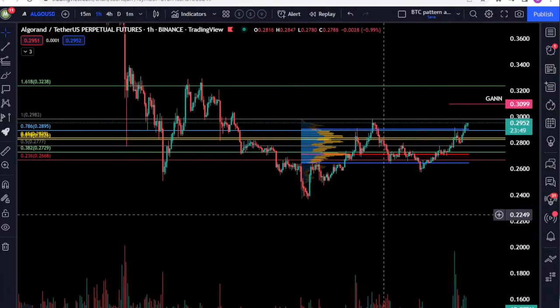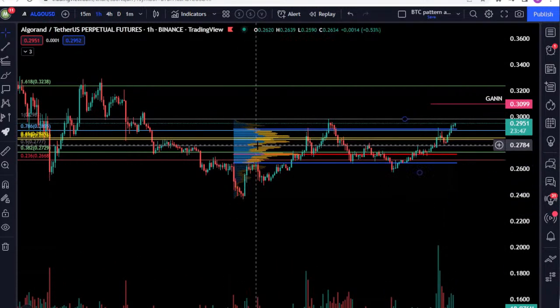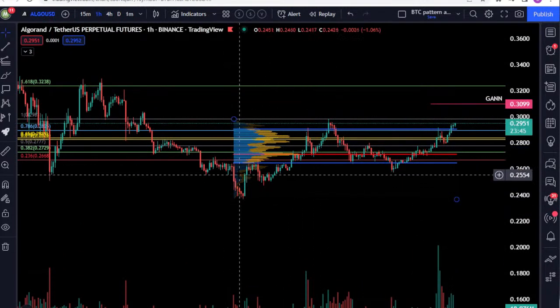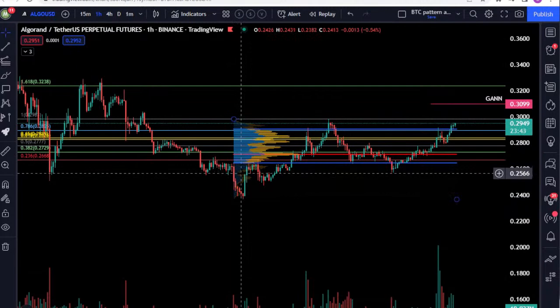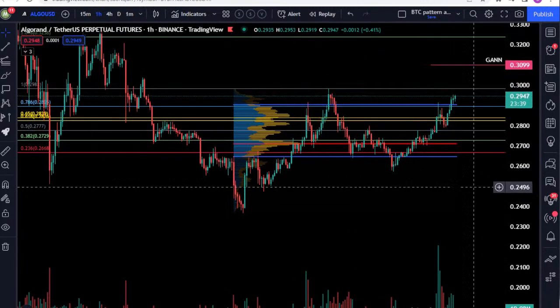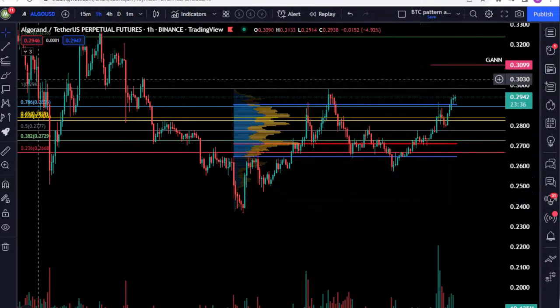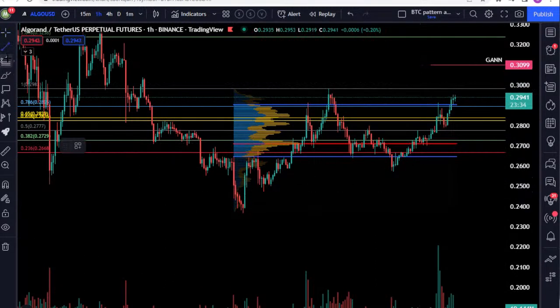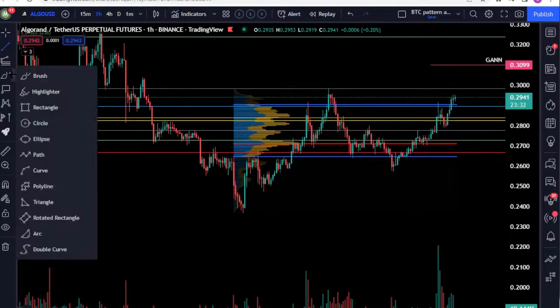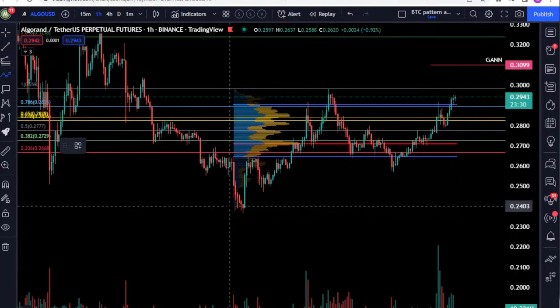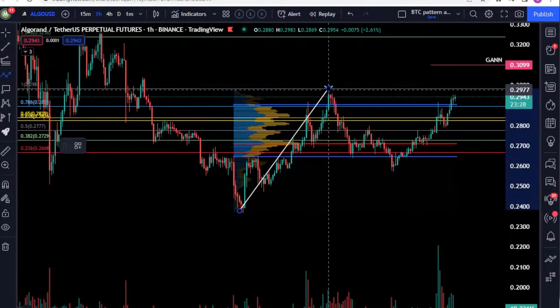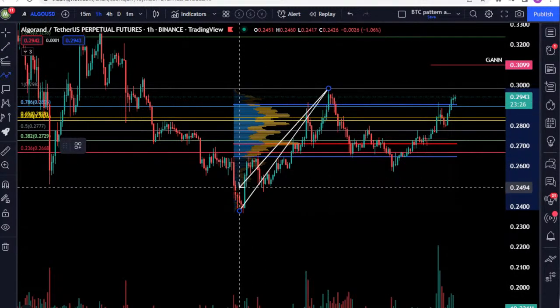This move for Algo for me doesn't look like a 1, 2, 3, 4, 5. It looks like a diagonal or something. And we're doing the same thing again. Look at that. You move up, look how the move up was very steep.